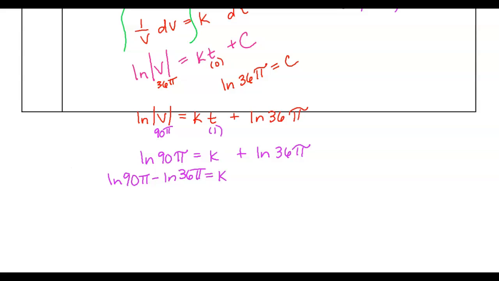What I actually can do, and I'm going to do it, is put them together with the quotient property so we can divide them. Okay, because it just looks a lot easier for me to type in. So the pi's reduced, both of these divide by 9. What's that? 10 and 4 divide by 2, so 5 over 2. So k equals the natural log of 5 divided by 2. I'm even going to write it as 2.5.